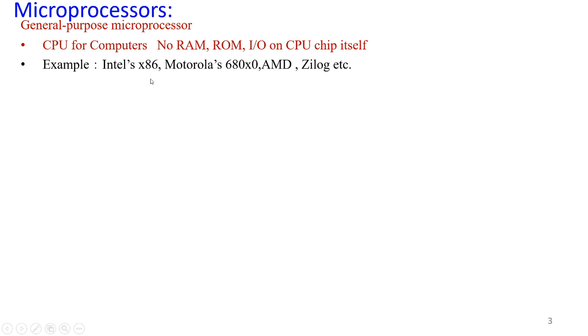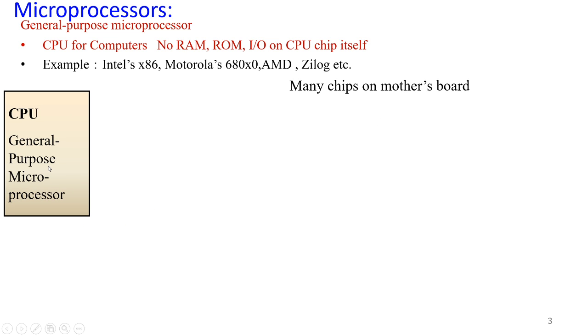For example, Intel 8086, Motorola 680X0, where this X indicates the series of microprocessor. AMD, Zilog are companies that manufacture microprocessors. There are many chips on motherboards and how they are related with other blocks, that we are going to discuss. CPU, general purpose microprocessor.